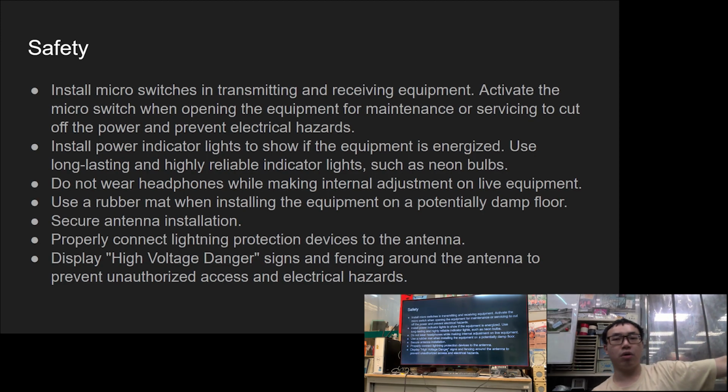But this is not common in Hong Kong, because in Hong Kong the maximum power we can deliver is 100 watts, which is much less power compared to other countries. But if you have a chance to operate a very high power radio station, you have to bear in mind to prevent others from going near your antenna setup.